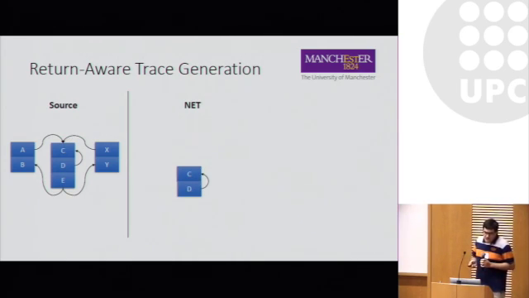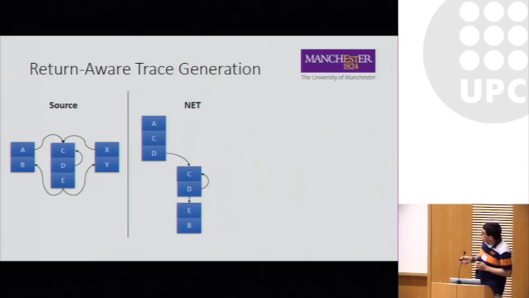After the function has been called a few times, a trace will be generated from outside. This will effectively inline the call instruction here and inline the return instruction here. So far, so good.